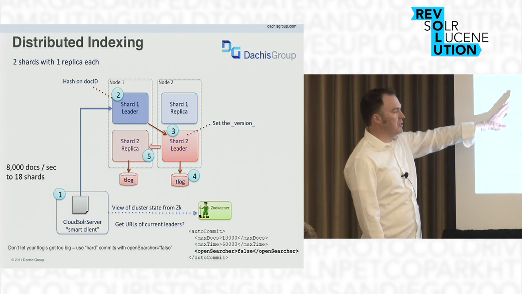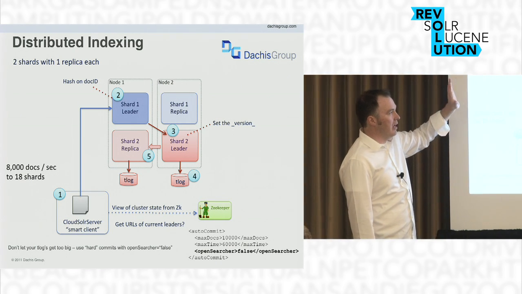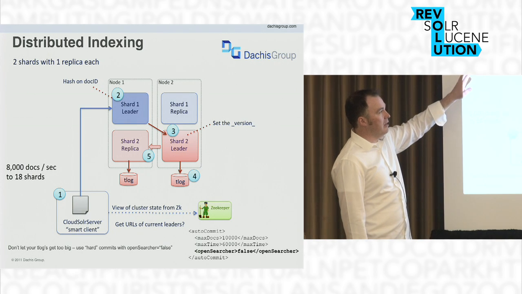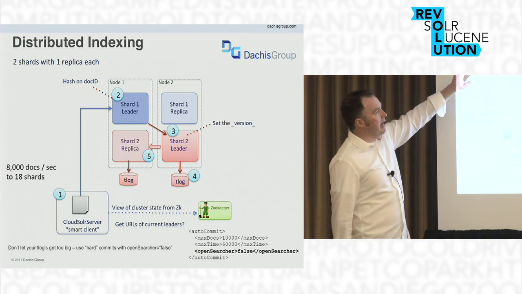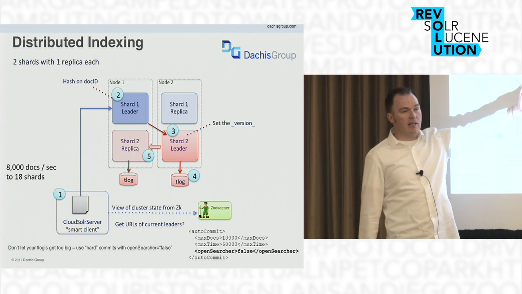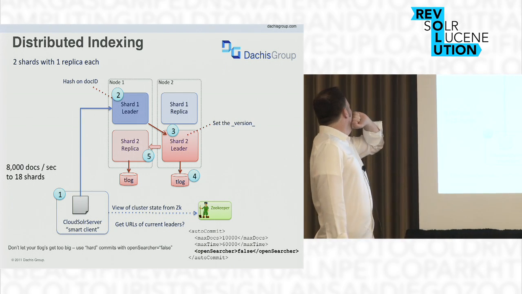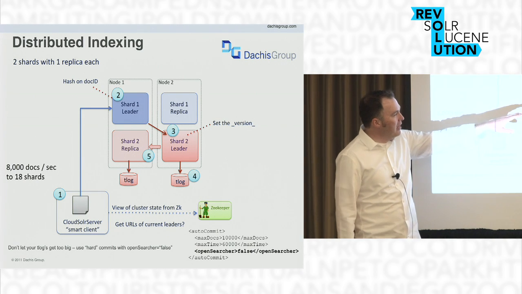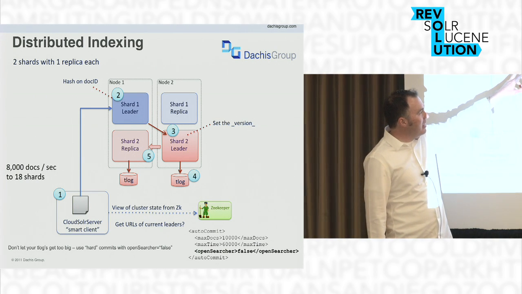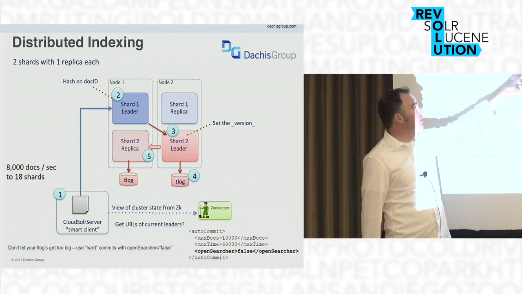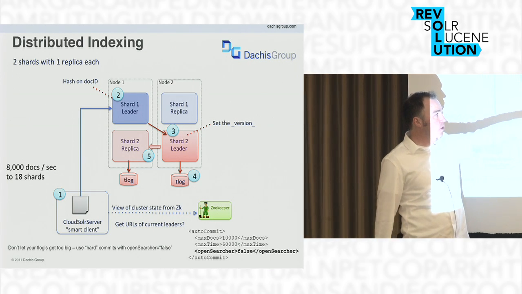I'm not going to talk too much about custom hashing, so this is how it works out of the box. So that document ID gets hashed, and every shard has a hash range that it covers. So this shard decides that shard 2 should actually have this document, so it forwards to that leader.